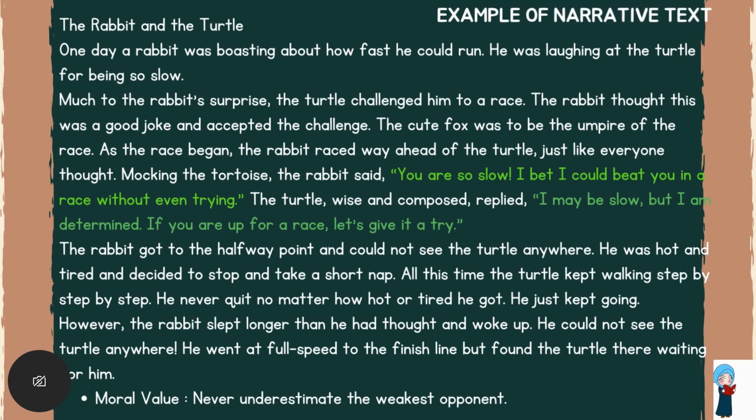And then we can see the direct speech. In the second paragraph, in the sentence, Mocking the tortoise, the rabbit said, "You are so slow. I bet I could beat you in a race without even trying." The turtle, wise and composed, replied, "I may be slow, but I am determined. If you are up for a race, let's give it a try."